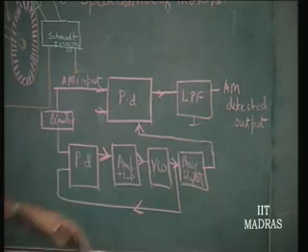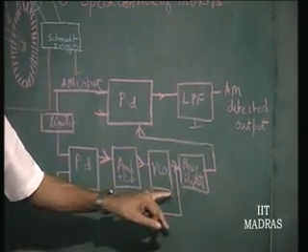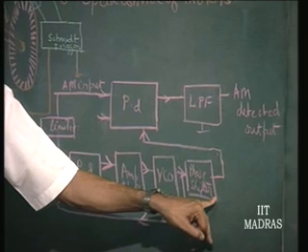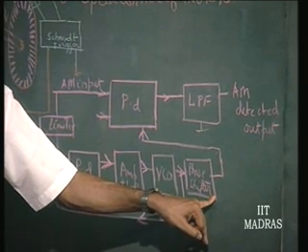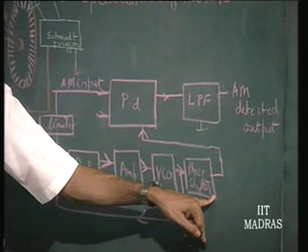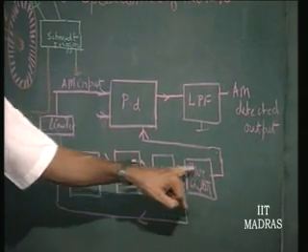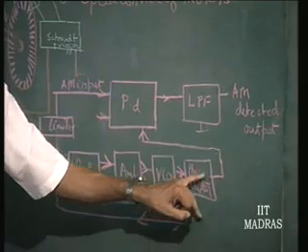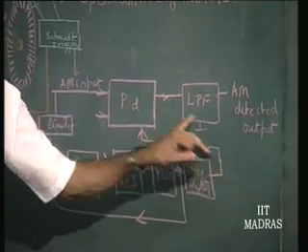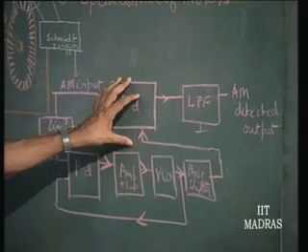Therefore, you have to additionally phase shift the so called generated carrier at this end by a further angle of 90 degrees if possible. Even if it is 90 degrees, it does not matter, there will be an average. So, another additional phase shifter has to be put here before you multiply using another phase detector.